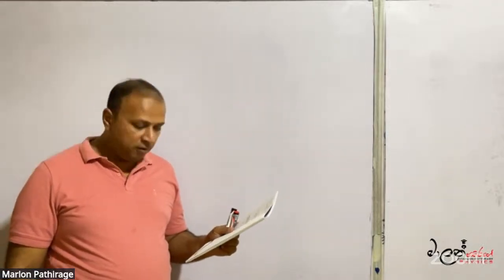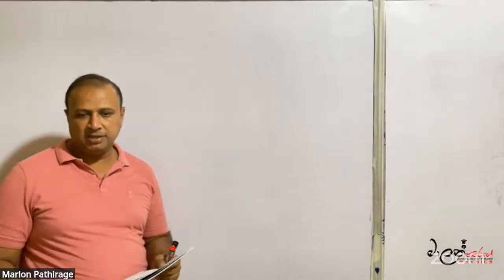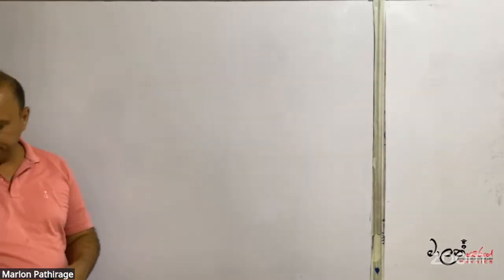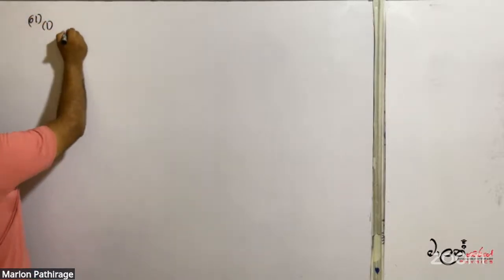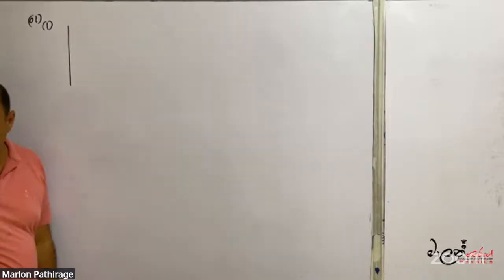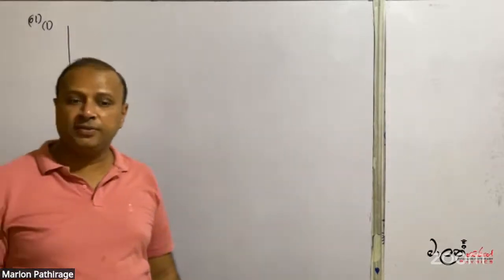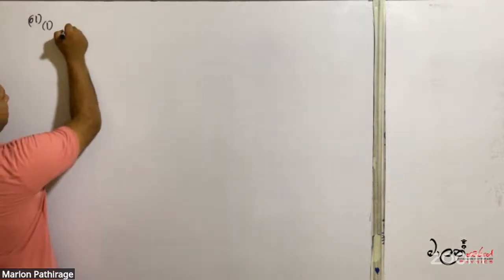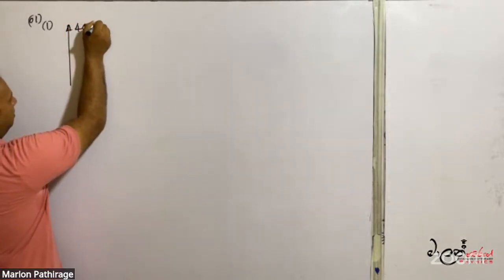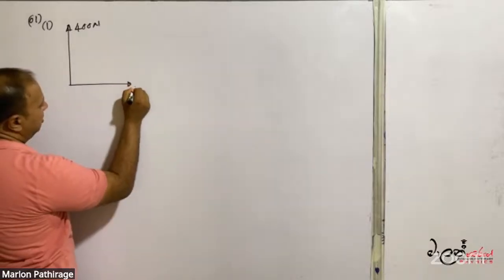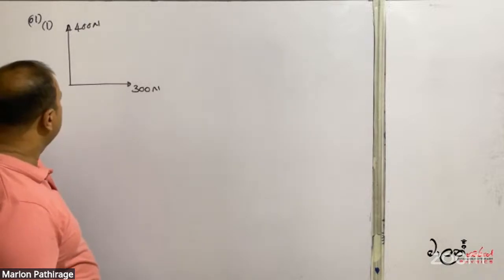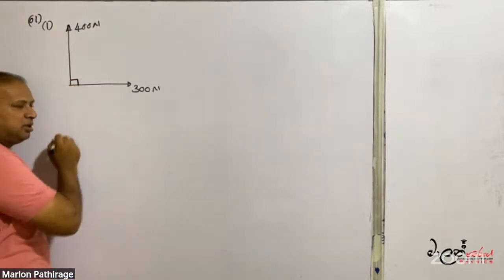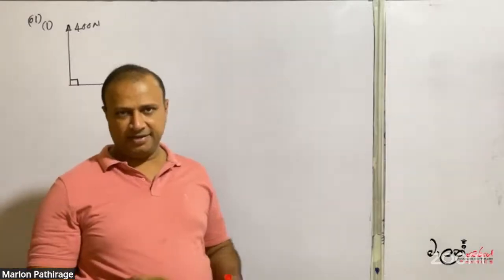First one, P is 300 Newton, Q is 400 Newton, theta is 90. The angle between them is 90.